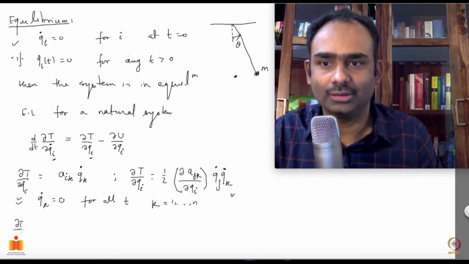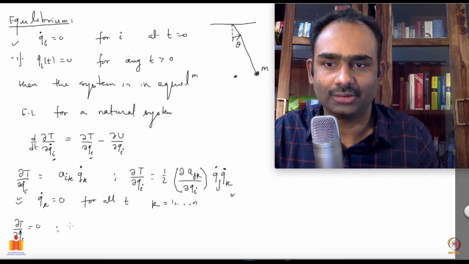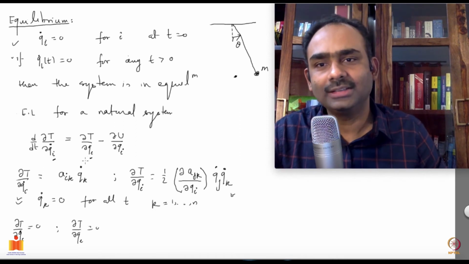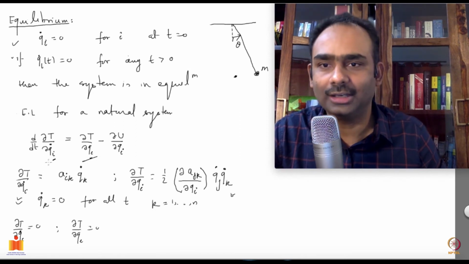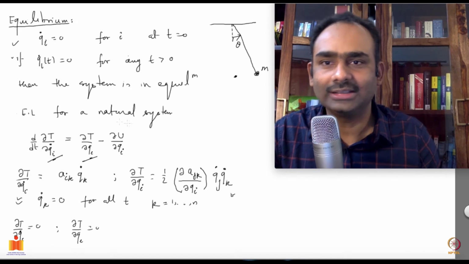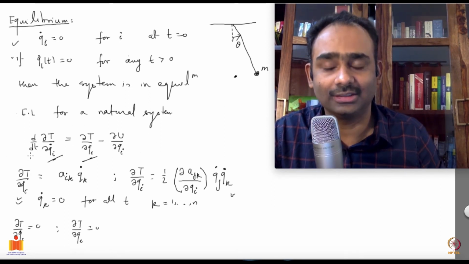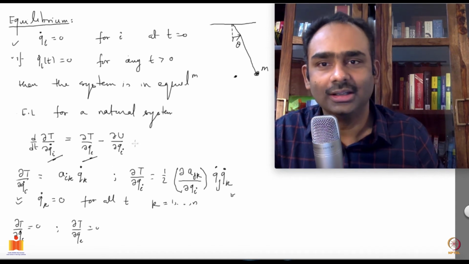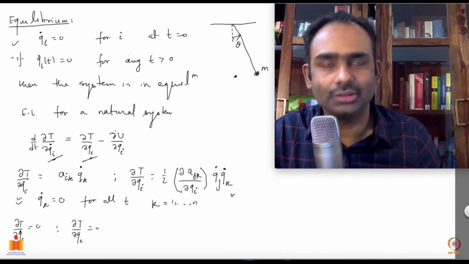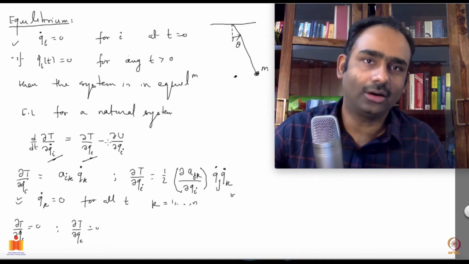So del T over del q i dot is 0 for all times, and del T over del q i is also 0, which means this piece is gone and that piece is gone. Now this entire equation will be satisfied only if del U over del q i is also 0.